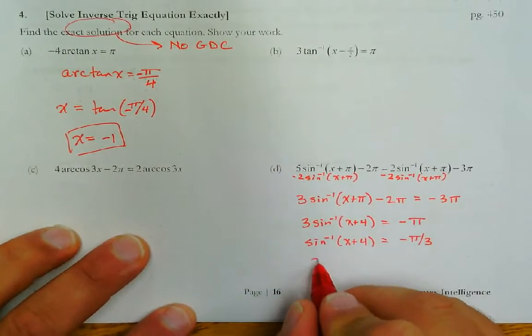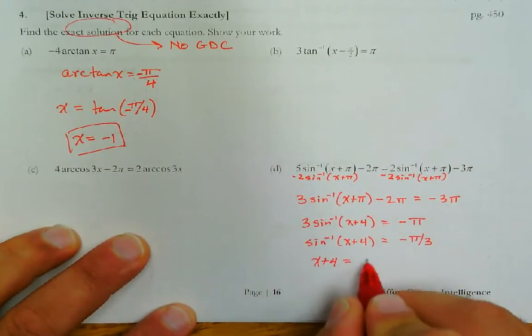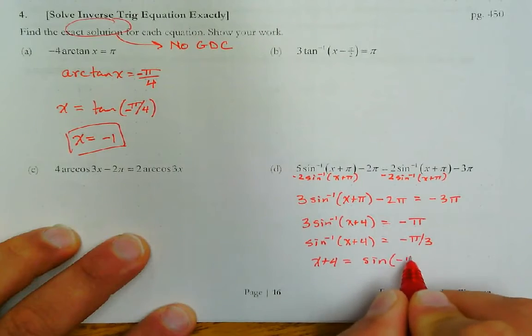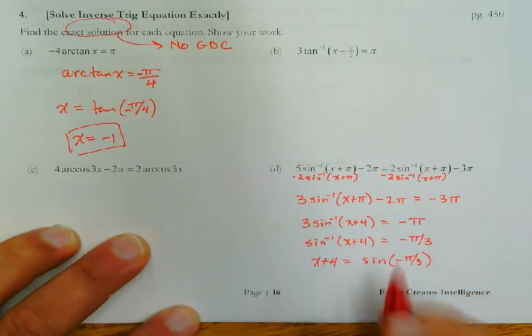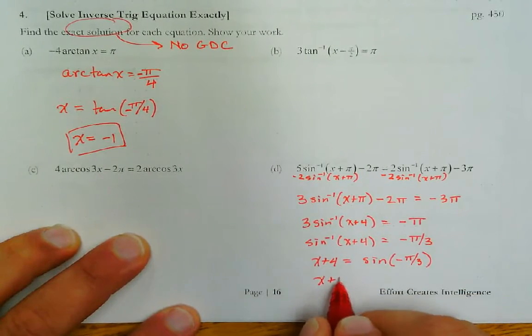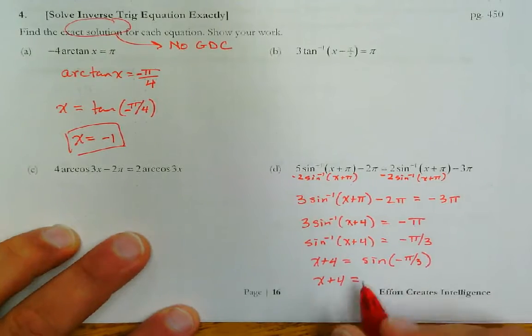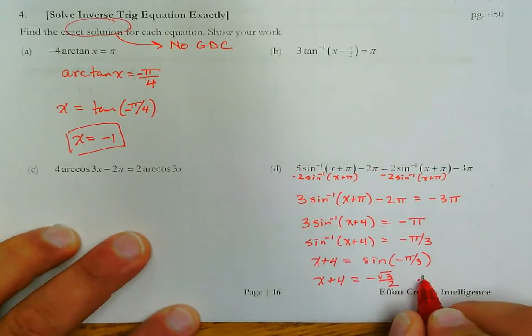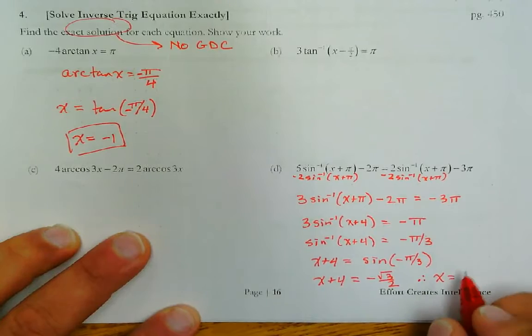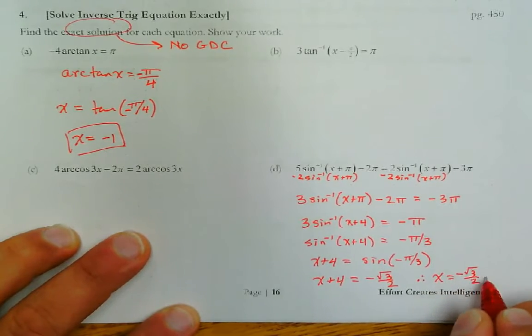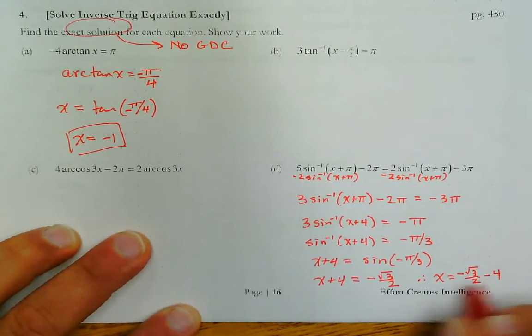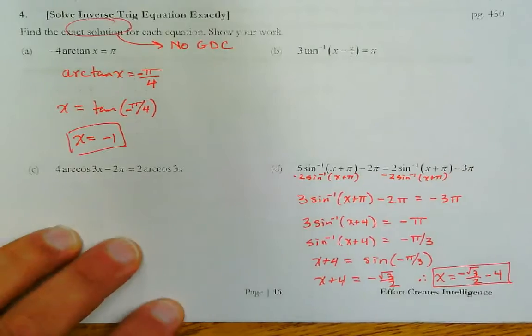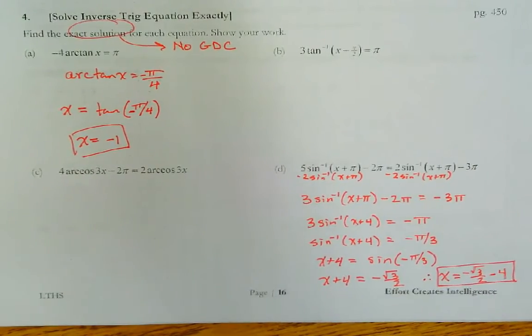So I'm going to have x plus pi is equal to the sine of -pi over 3. So that means that x plus pi is going to be equal to -√3 over 2. So x is going to be -√3 over 2 minus pi. That is my exact solution.